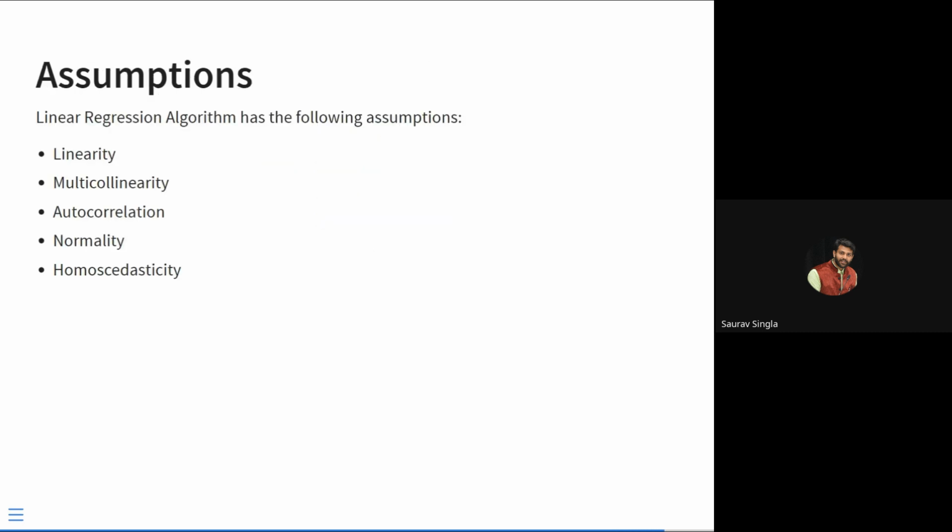First, let's discuss the assumptions of linear regression. What are the assumptions? The first assumption is linearity. One more thing you people should understand, many people get confused while interpreting regression.